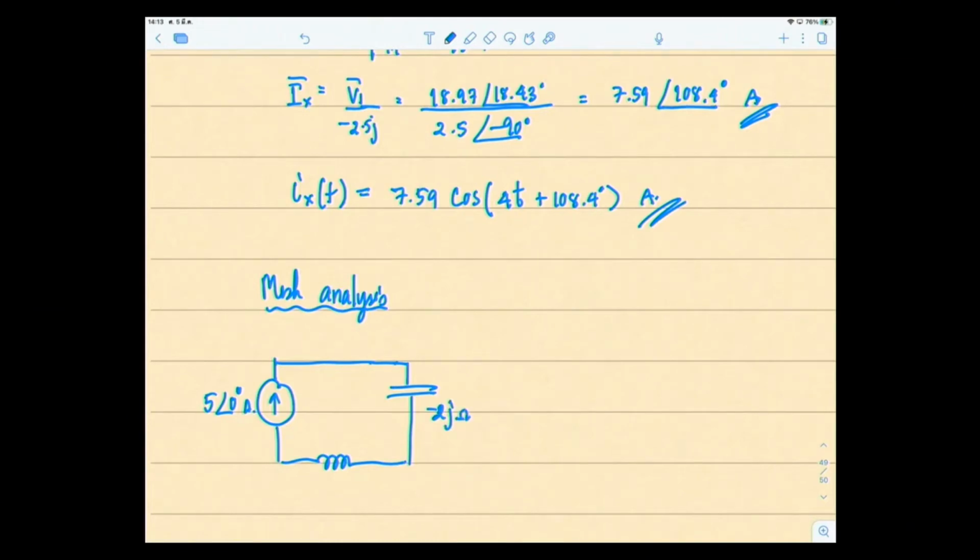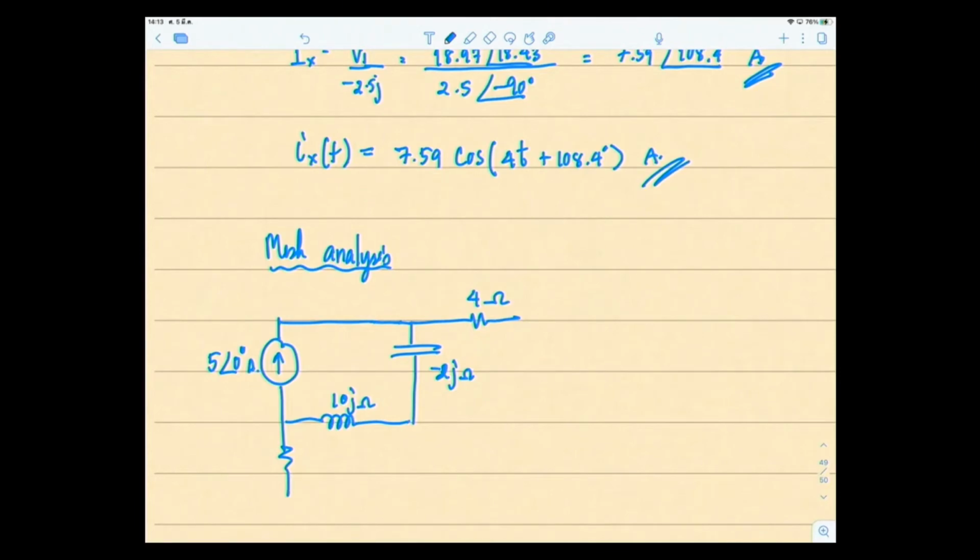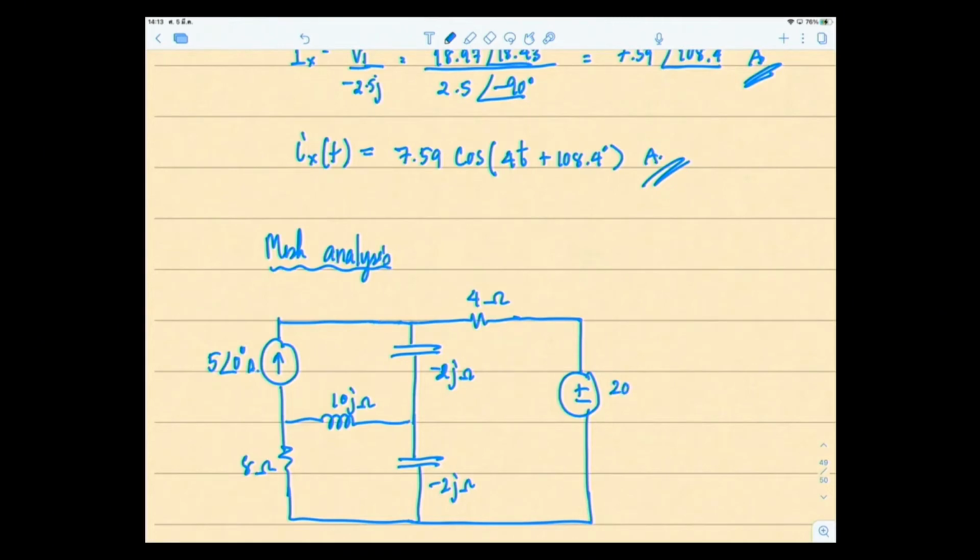Minus 2j ohms, 4 ohms, this is 10j ohms, 8 ohms, another minus 2j ohms, and then an independent voltage source, 20 angle 90 degrees volts, and we want to find I out right here.